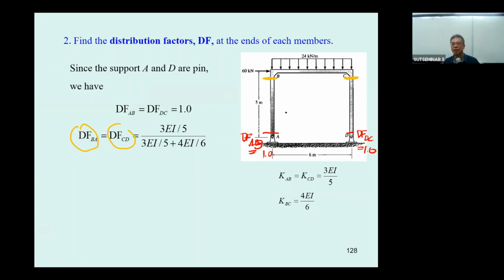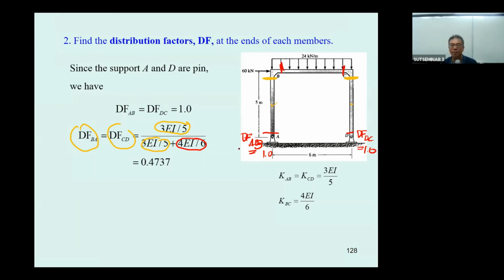This is BA, this is CD. It's going to be what? It is going to be the stiffness of the column divided by the stiffness of the column plus the stiffness of the beam. So you get 0.4734. However, when you compute these two, they will also be the same.